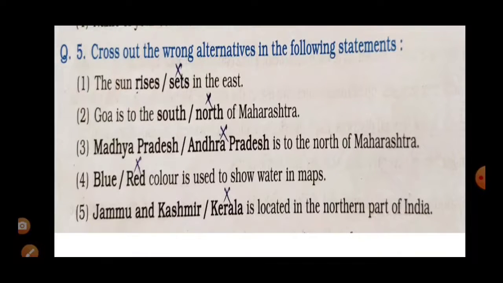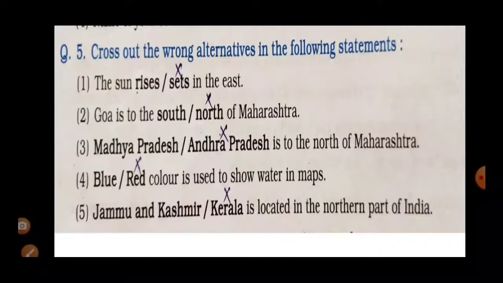Next one, that is question number 5, cross out the wrong alternatives in the following statement. Number 1, the sun rises or sets in the east. Here sets is the wrong word. Number 2, Goa is to the south or north of Maharashtra. North is the wrong word. Number 3, Madhya Pradesh or Andhra Pradesh is to the north of Maharashtra.